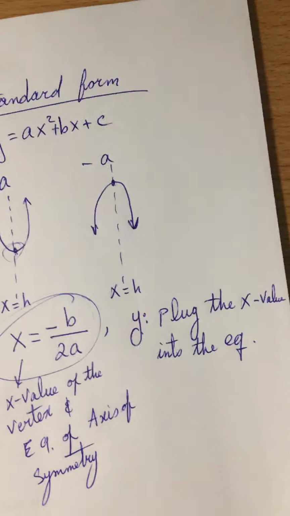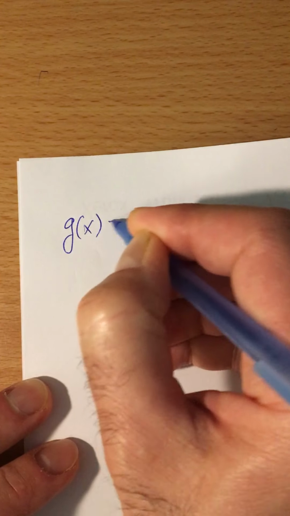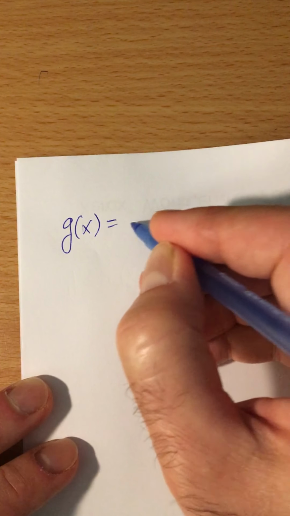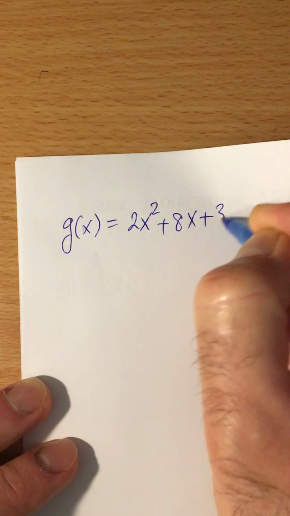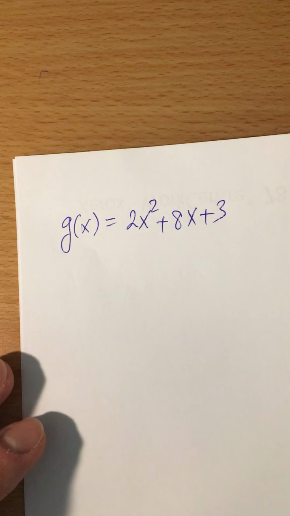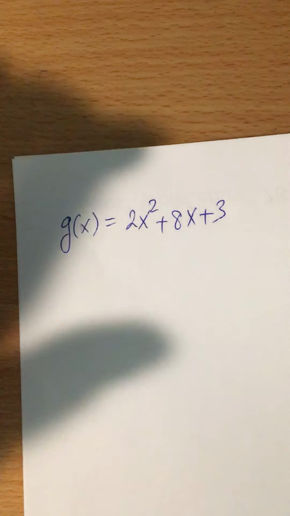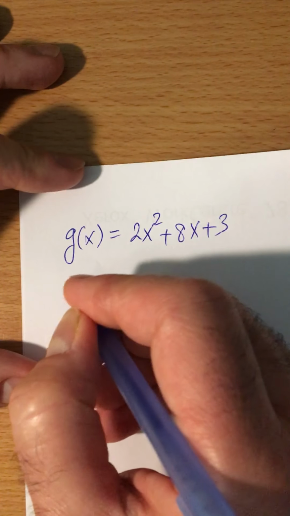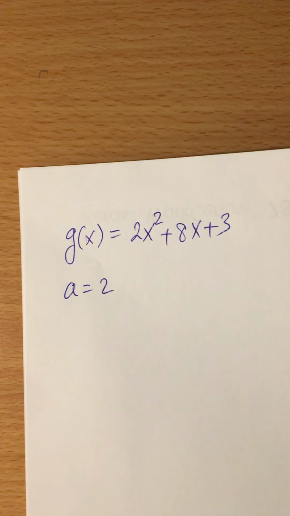I give you g of x equals 2x squared plus 8x plus 3, and I want you to graph it. Let's dissect it. We have a equals 2. A is a positive number, so it opens up.